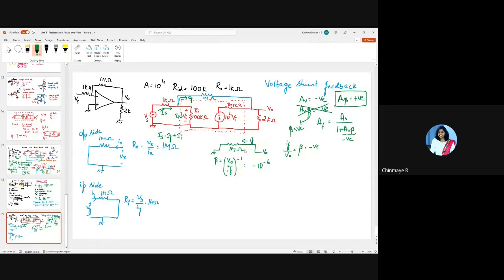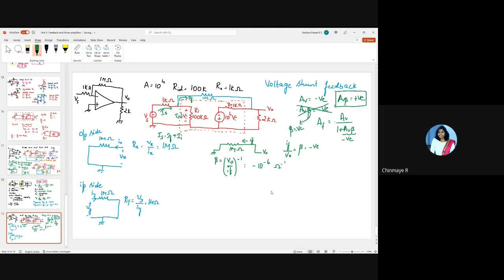Is it clear to all of you? So I can write beta is equal to minus 10 power minus 6. Will you have any units here? Obviously, you can have ohm inverse, or you can also have the unit of transconductance.